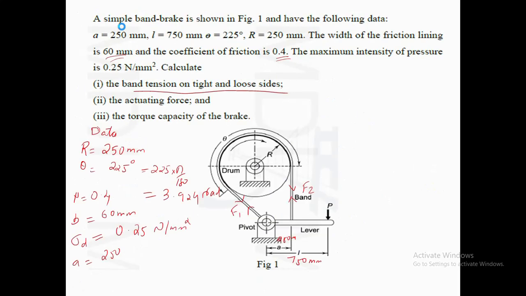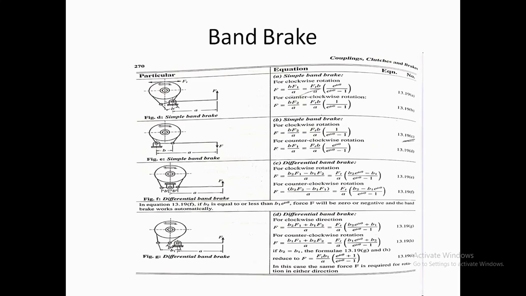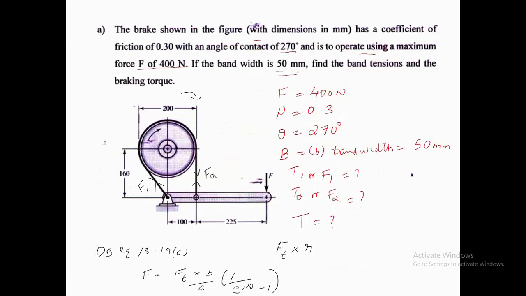Substituting the values of F, B, A and e raised to mu theta, you will get the value of Ft, and multiplying the obtained value of Ft with the radius, you will get the torque.